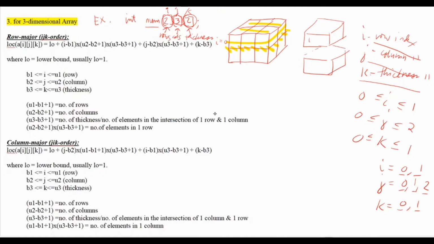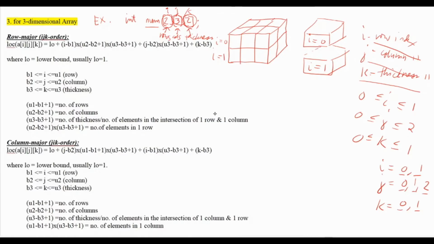So this is your i equal to 0 and below here is your i equal to 1, the second row.